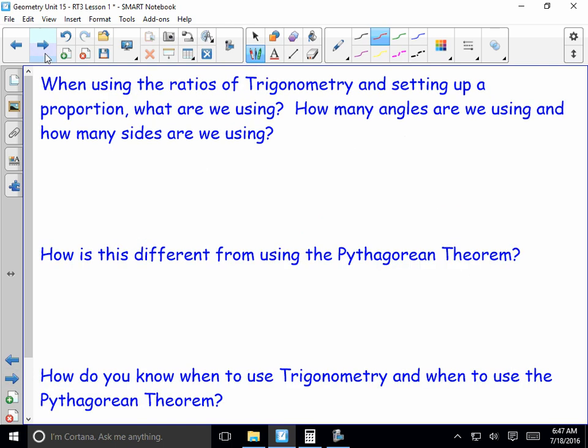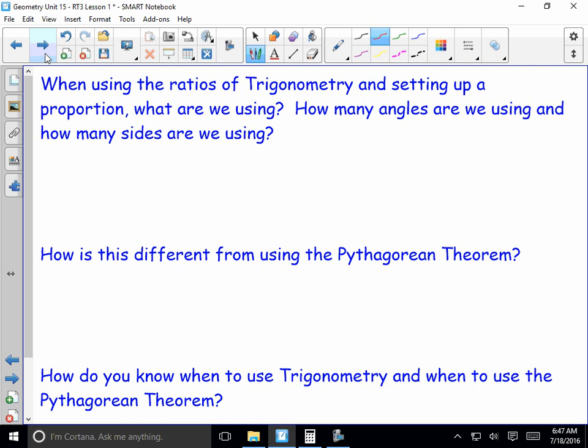Okay, now last idea here, just talking about the difference between what we have. When we use ratios of trig and set up proportions, what are we using? We're using the trig ratios, we're using one angle and 2 sides.